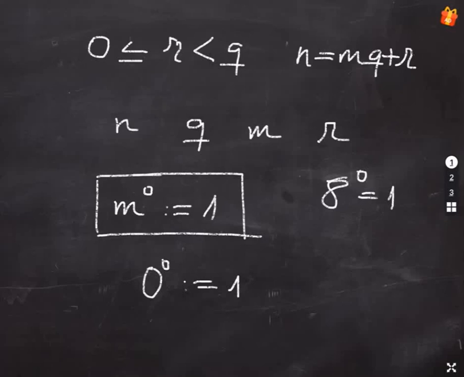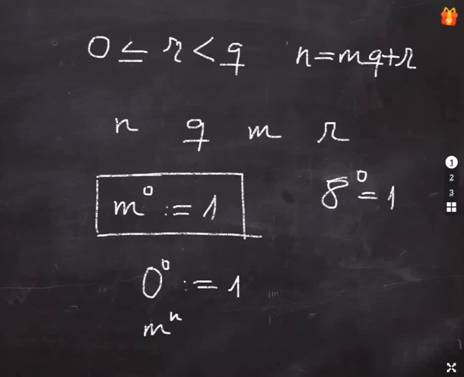Now, whenever I talk about 0, you should already start being suspicious. Why is he mentioning 0? Well, because of the usual reason. I'm going to use induction now. So, we start with the base case. Define 0 to the power of 0 equal to 1. Now, suppose recursively that m to the power of n has been defined for some natural number n.